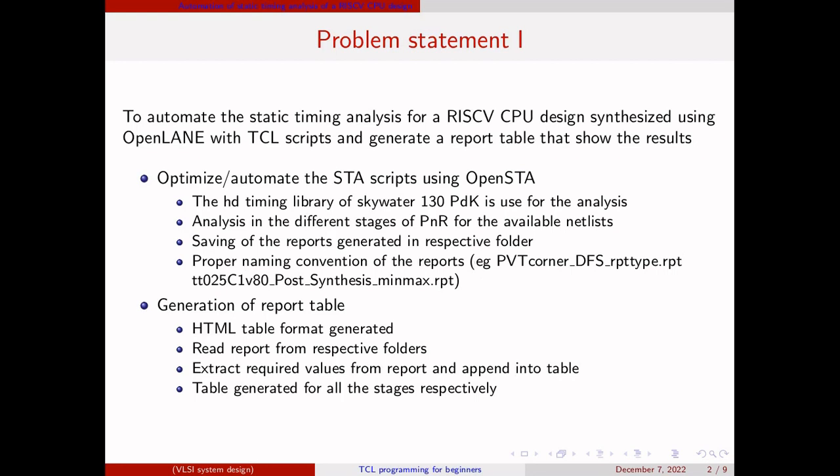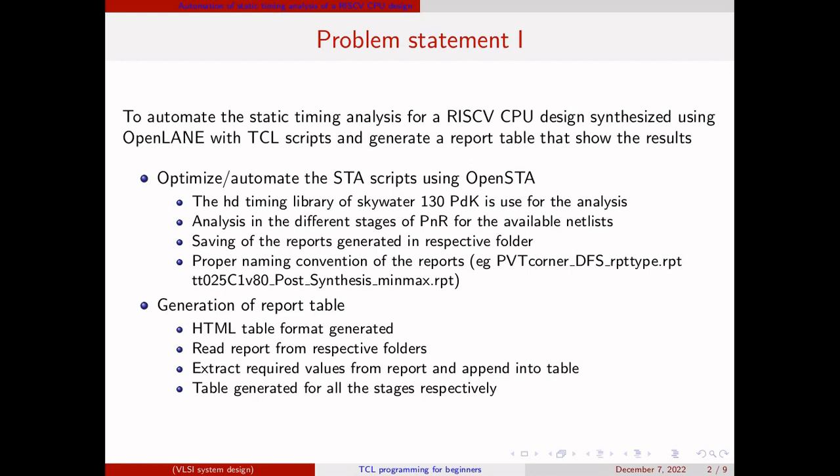Now, after the generation of the reports, I wanted to generate a report table which shows the result based upon the reports which we had generated. For that, we decided that we will be generating an HTML table format. Obviously we have to read the reports from the respective folders, and extract the values which we want.